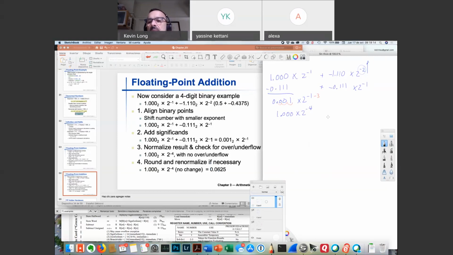So what is this number? Well, if we go back to our table that we had earlier, this time I'm going to write the table down a little bit differently. 2 to the n, and n is minus 1, minus 2, minus 3, minus 4, minus 5. This would be 0.5, 0.25 in decimal, 0.125, 0.0625, 0.03125.